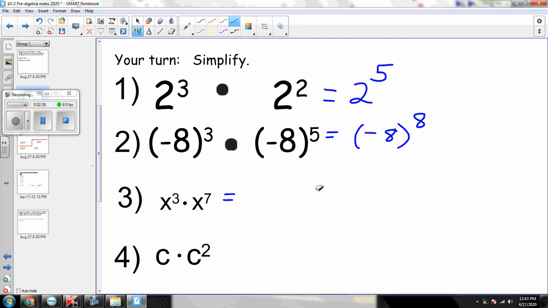Try number 3. X to the third times x to the 7th, I would add the 3 plus 7, see if you had x to the 10th. Try number 4.